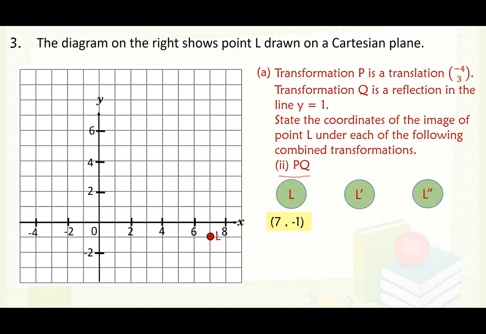So L goes to L prime, start from the back, 从后面开始。Okay, so first is Q, then followed by P. Okay, Q is a reflection in the y equal to 1. 你的 y 等于1在哪里？ Where is your y equal to 1? So this is y equal to 1. So this is the line y equal to 1. Reflection, just like the mirror.